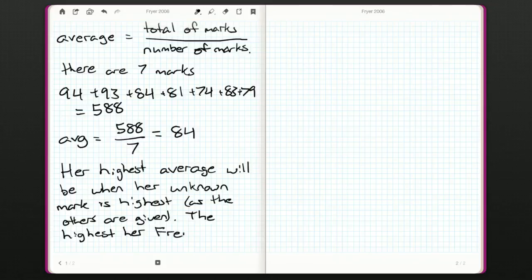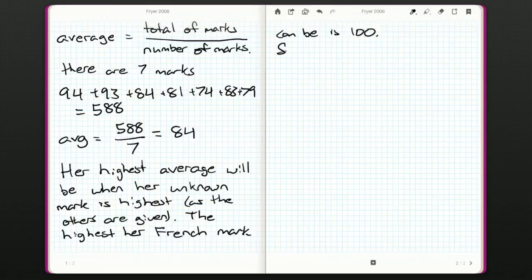And I believe at the start of the question, we said that these marks are all out of 100. So now there will be 8 marks, and the new total will be the old total plus 100.